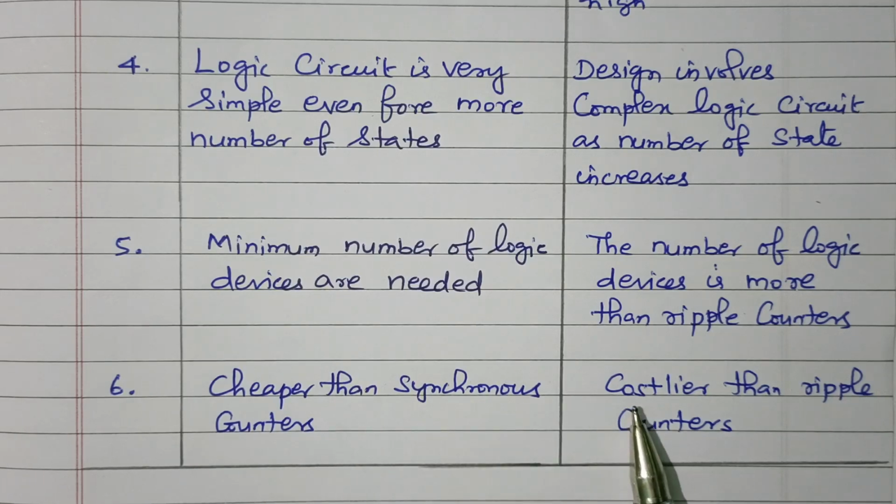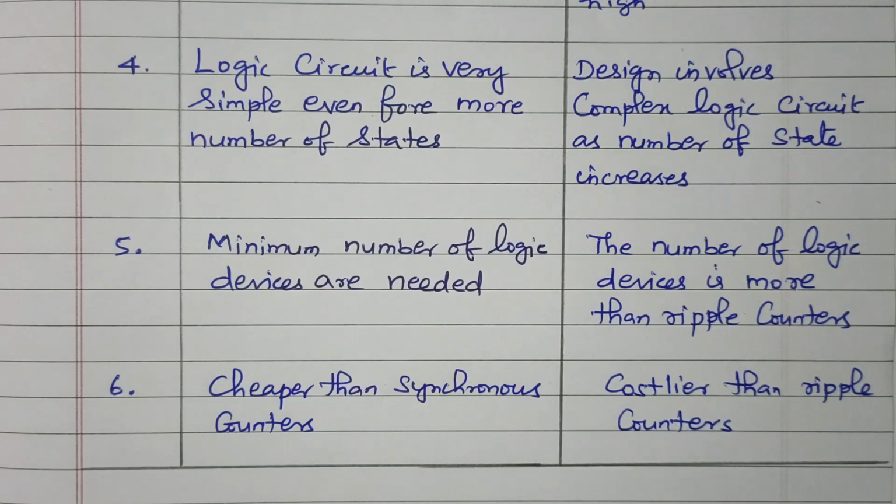Here all the clock pulses are given simultaneously, so the propagation delay is lesser, but for every clock pulse we need to check the logic circuit, so the design is complicated and it becomes more costly.